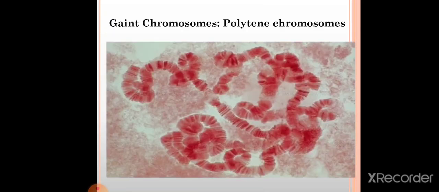Now this picture shows you how the polytene chromosomes look when stained, and this is the salivary gland chromosome of Drosophila.